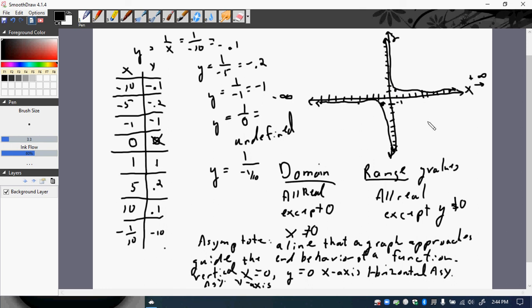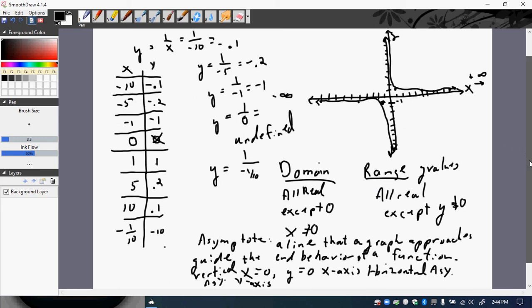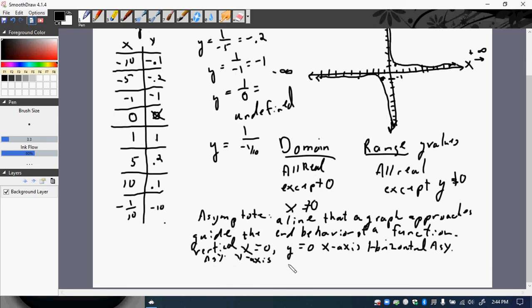And so what I'd like you to do now is do the triad. This is another problem like this, but in the triad you're going to do a different equation. So here's the triad. So do y equal to 10 over x. Make a table and make a graph, okay, best you can.